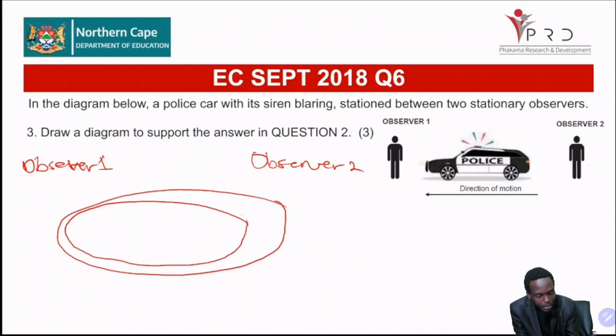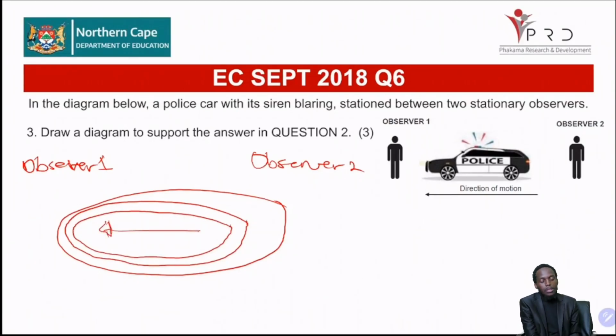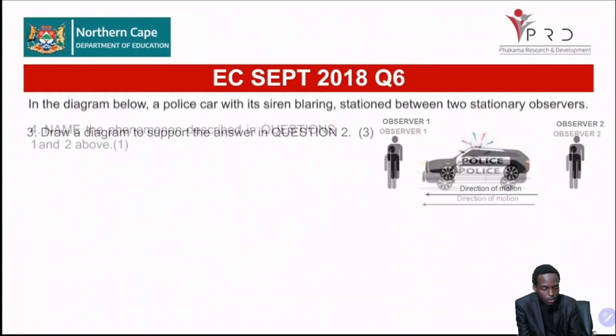They must be compressed towards observer 1 because the car is moving in the direction of observer 1. So this is the expectation that you are going to have waveforms stretched out on observer 2, and then you are going to have waveforms compressed on observer 1 because the sound source is moving towards observer 1. Okay, let's go to the next question.